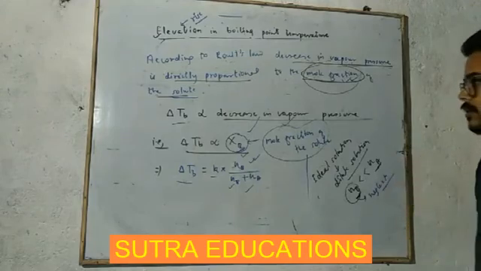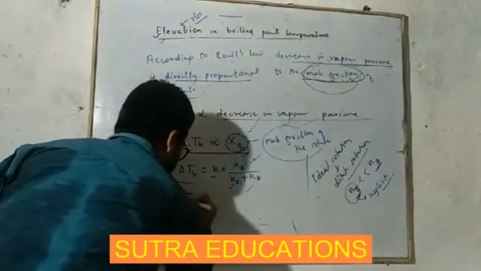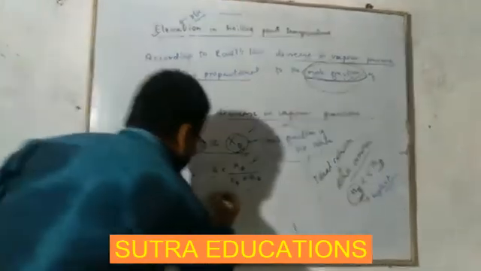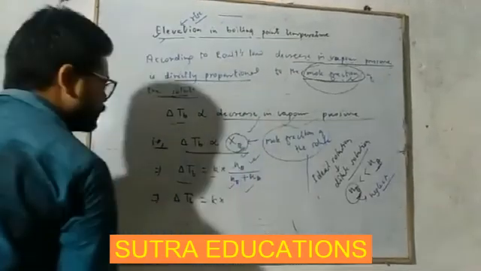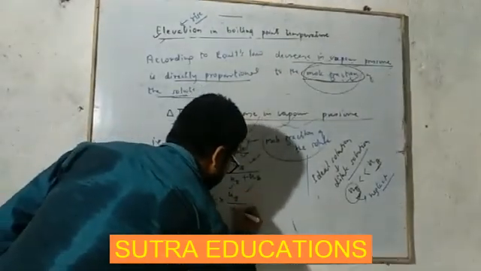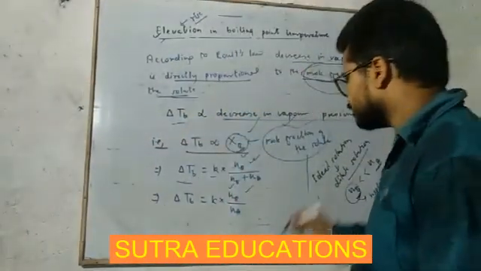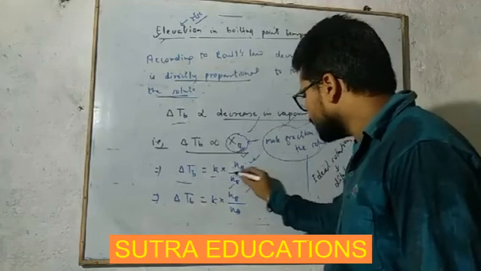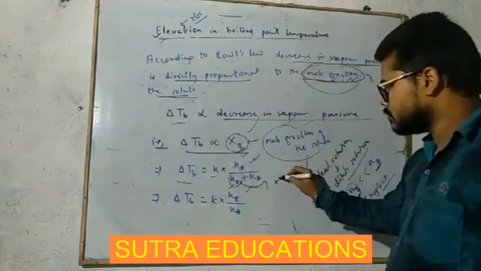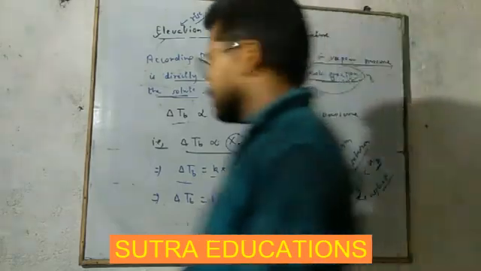We can write here delta Tb is equal to K into Nb upon Na. This Nb in the denominator we have neglected.